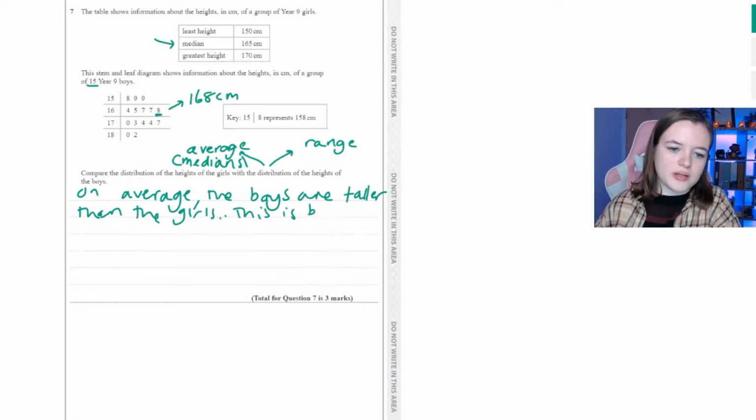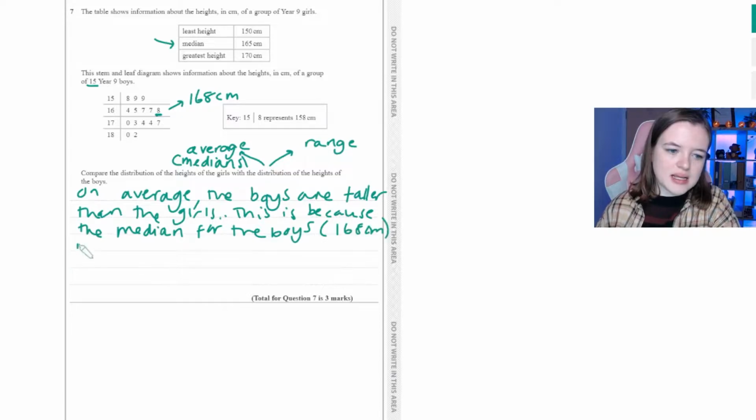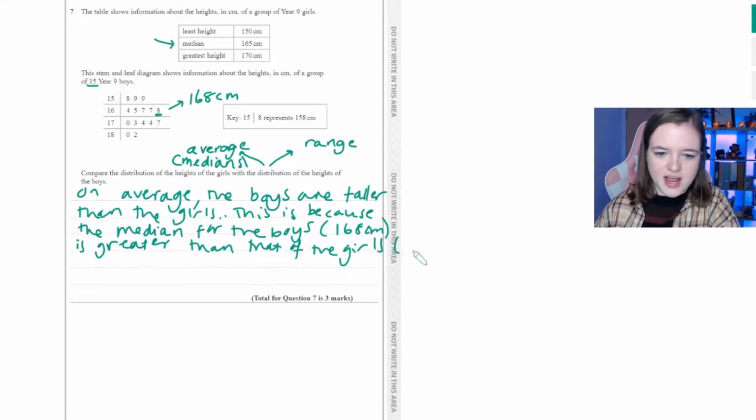This is because the median for the boys, which is 168 centimeters, is greater than that of the girls. It's phrased slightly differently than I have. Maybe it's phrased better than I have, but that's why I put 165 centimeters.